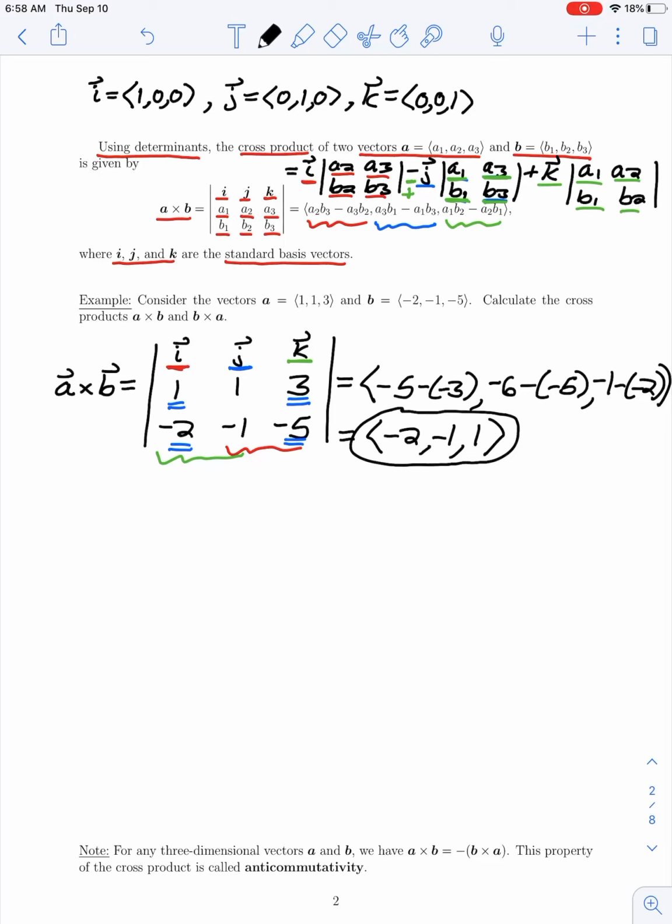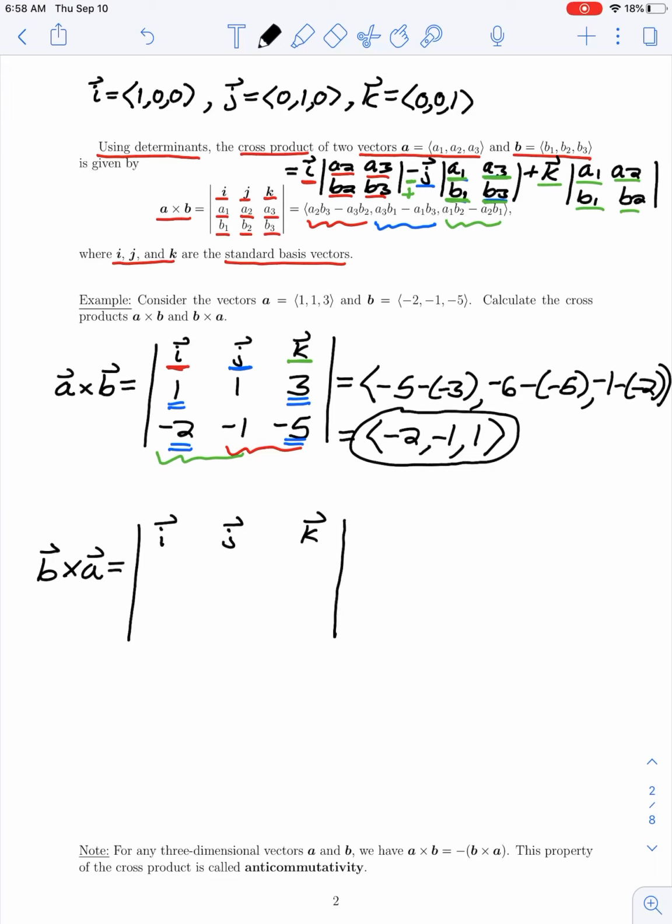Now, in the second part of this question, we were also asked to calculate the cross product B cross A. So using our determinant notation, we're taking the determinant of the 3 by 3 matrix, whose first row consists of the standard basis vectors i, j, k.